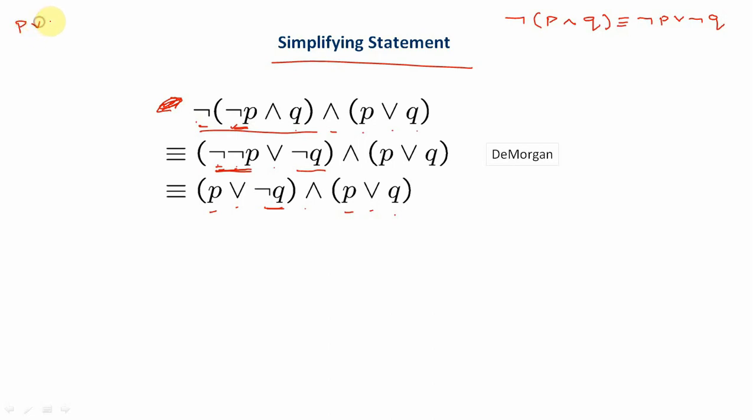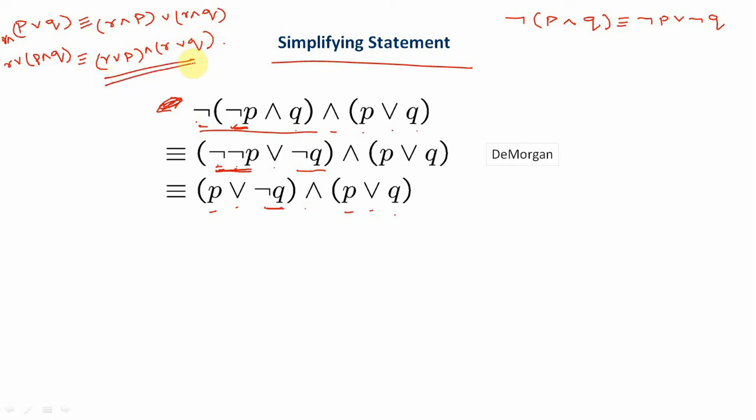P and Q, or R, is equivalent to R or P, and R or Q. Now if you see over here, P or not of Q, P or Q, I have a P over here, I have a P over here, I have an R over here, and I have an R over here.